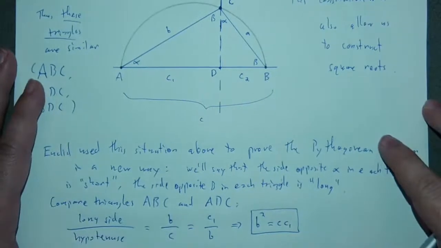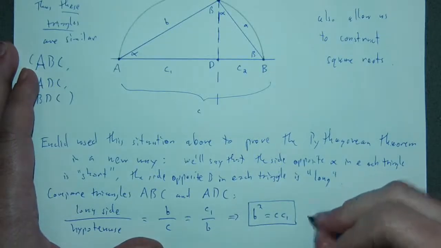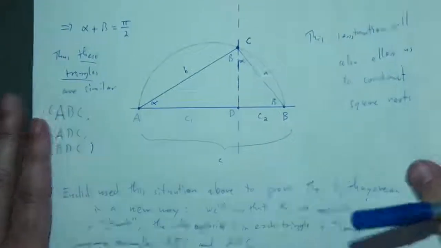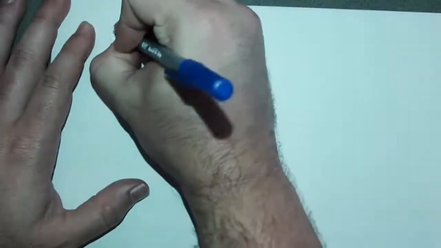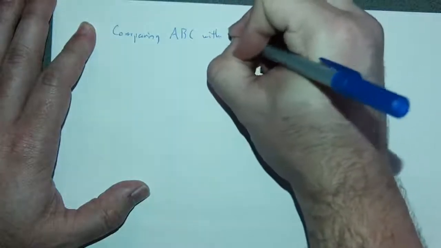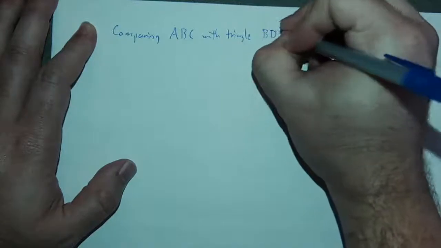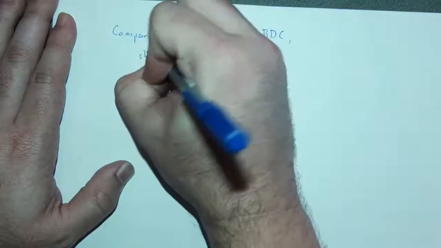But similarly, what do I notice? Comparing ABC, the big one, with the right triangle, maybe I'll move on to another sheet so that I have plenty of room here. So comparing ABC with triangle BDC, that's the triangle on the right, I want to consider the short side over the hypotenuse.